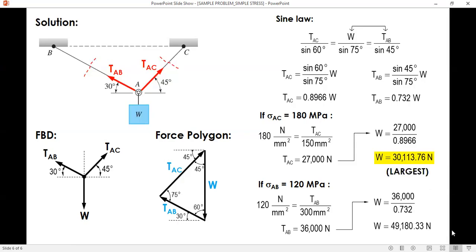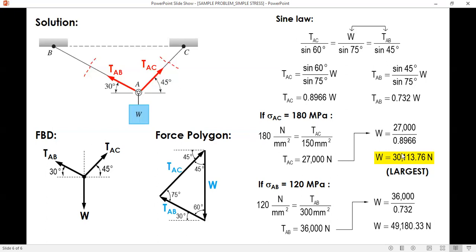The reason is this. Now, if we use this value for EC, 30,113.76, if we substitute this value to this expression, we will have a tension of 27,000. You divide by 150, that's 180.